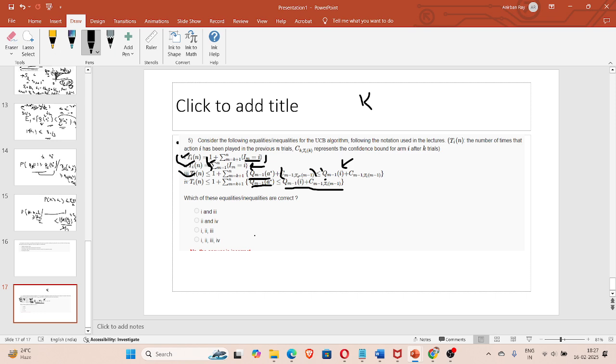So is this the correct one? It is the correct expression, because let me explain.